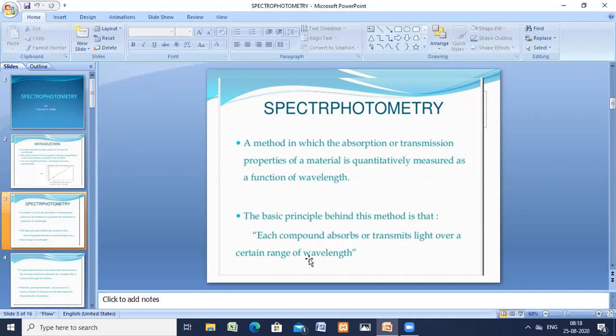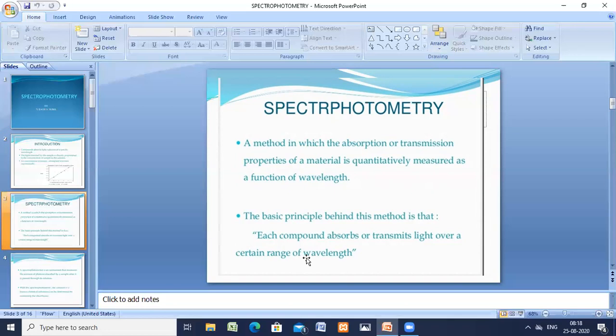When light or electromagnetic radiation of intensity I0 passes through an optical medium or a solution, part of the radiation is absorbed, IA, by the substance, a part is transmitted, IT, and a small part is reflected, IR.